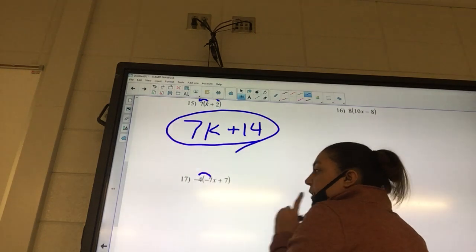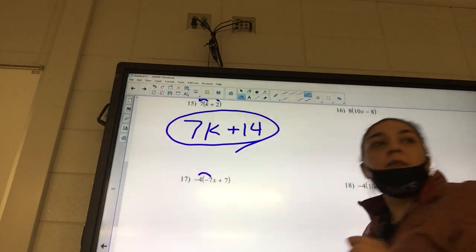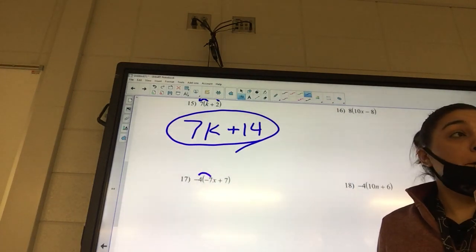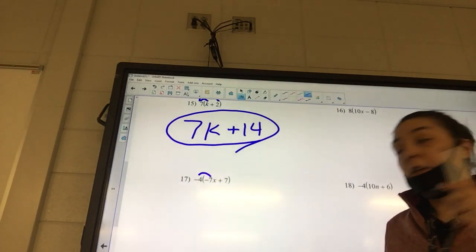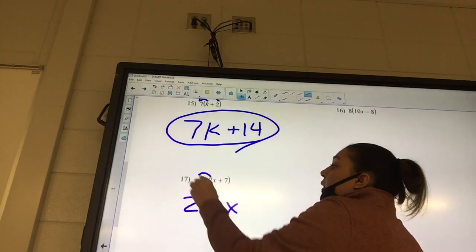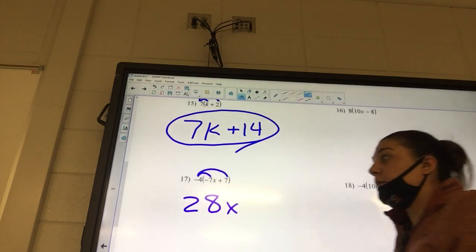Negative 4 times negative 7. What's a negative times a negative? Positive. 4 times 7 is 28. How many x's? 1. Negative 4 times 7.